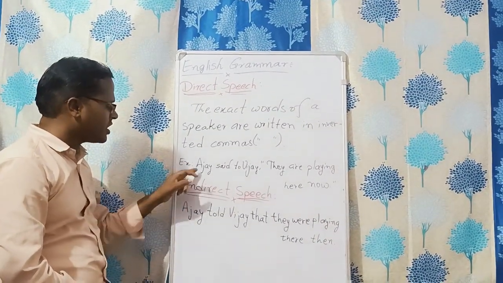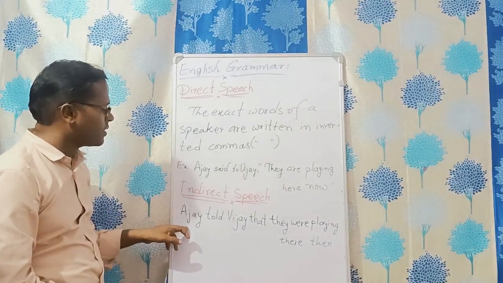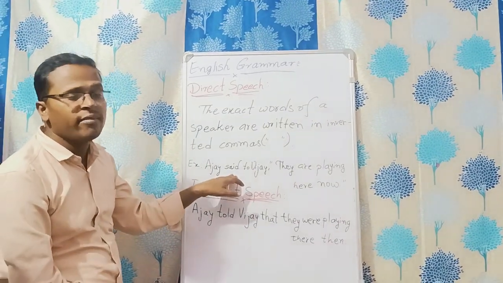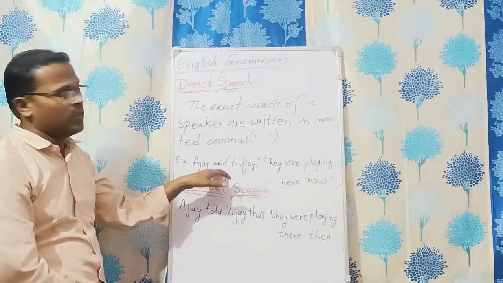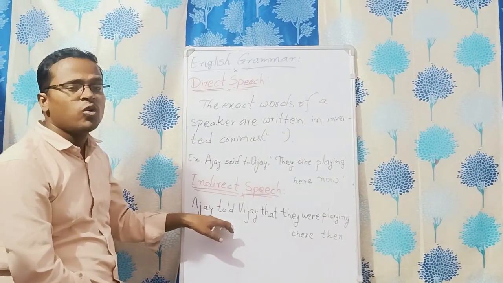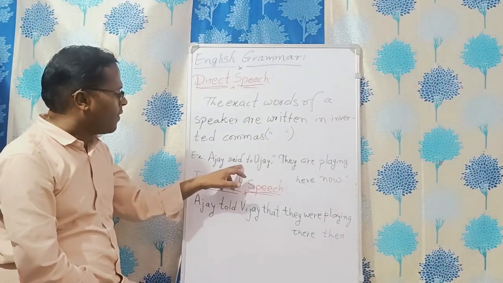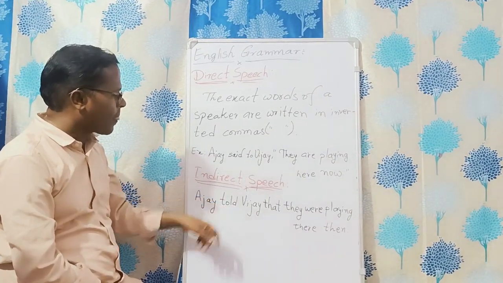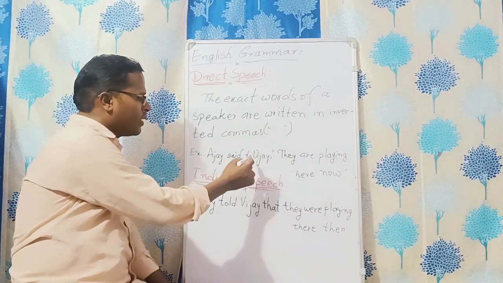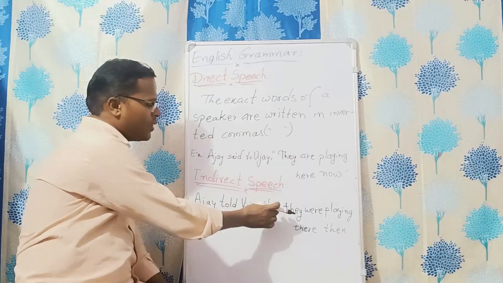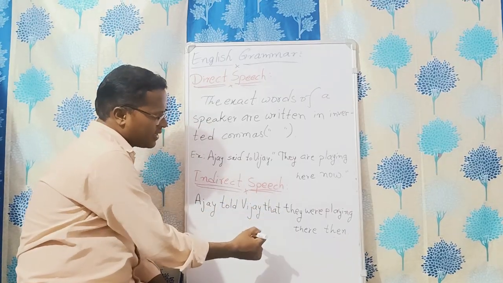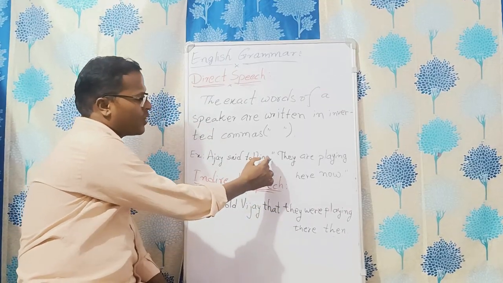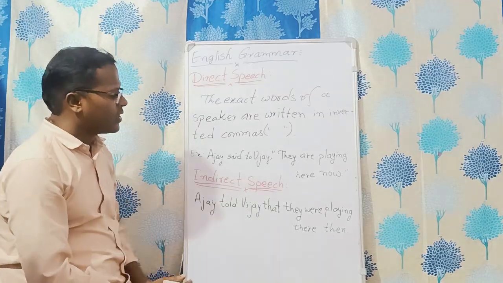The speaker as it is we have written in the indirect speech, but the reporting verb said to is changed to told. When said to is there, we have to change it into told. And Vijay, and we have used the conjunction that after removing the comma and inverted commas.